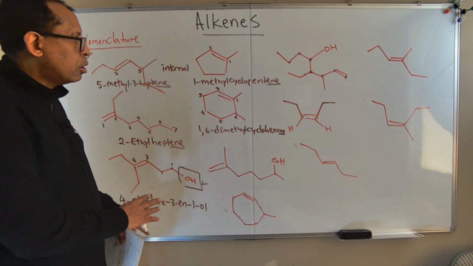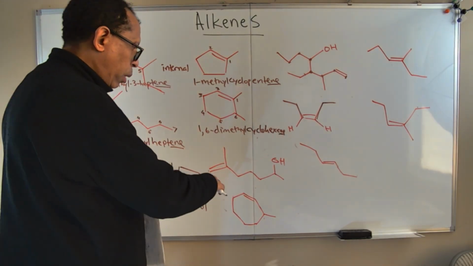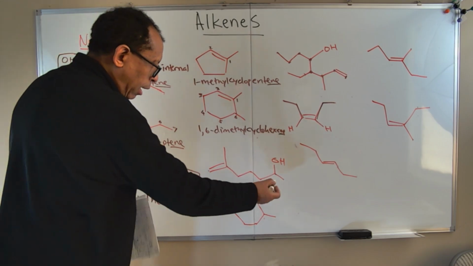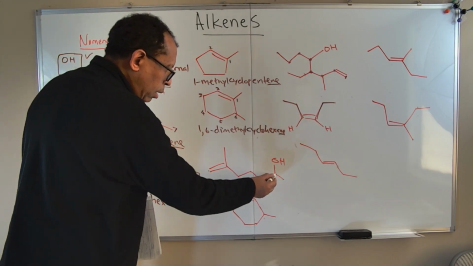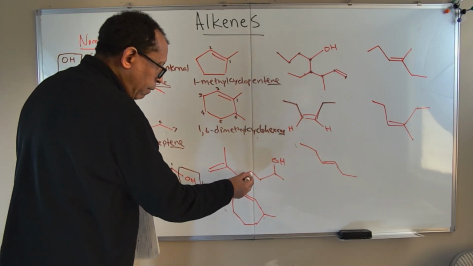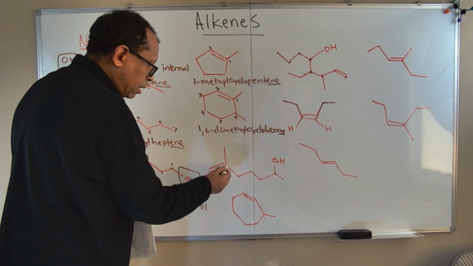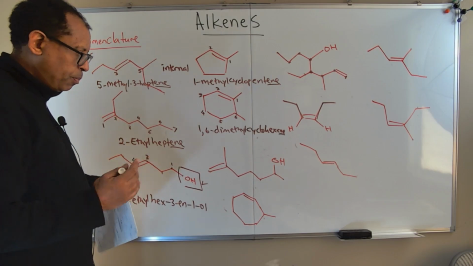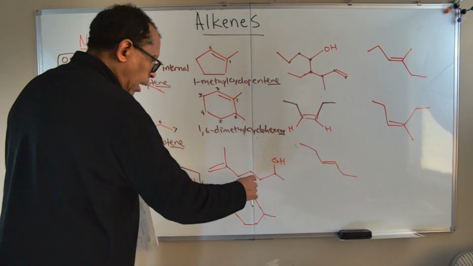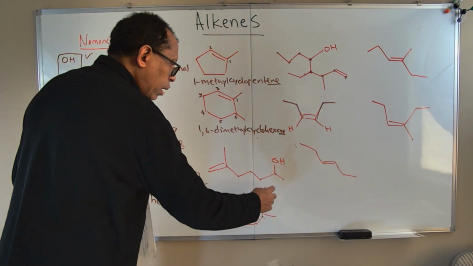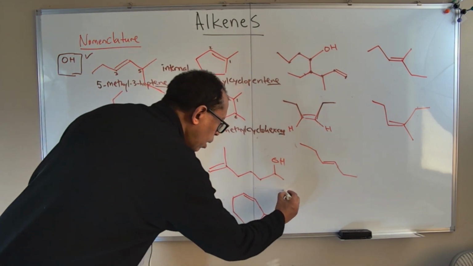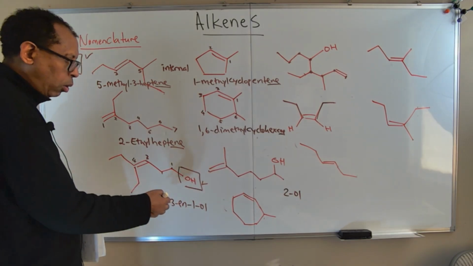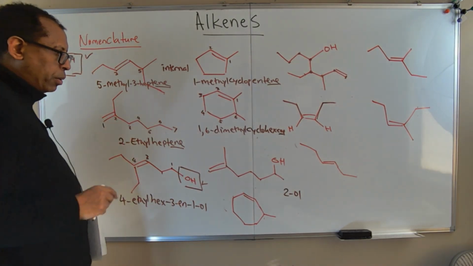Okay, let's do the same thing here when we have an alcohol and an alkene group. So I have here a longest chain, 1, 2, 3, 4, 5, 6, 7. This is a hept system. But the ol is at 2 position, 2-ol. That is the last one you should always mention because it has the highest priority as well.